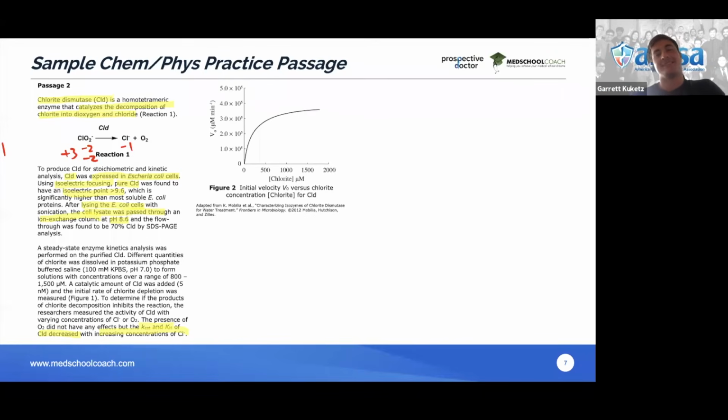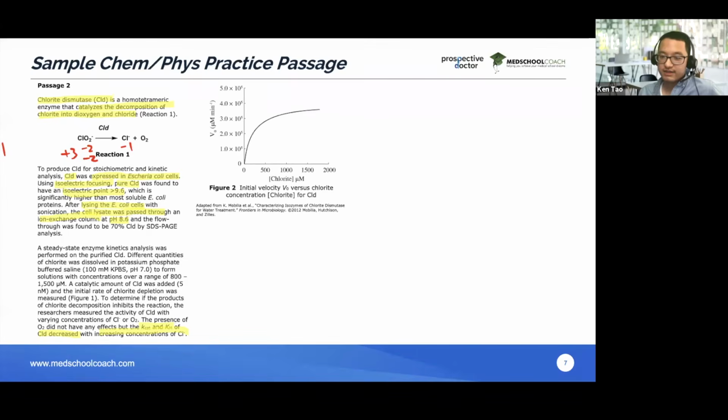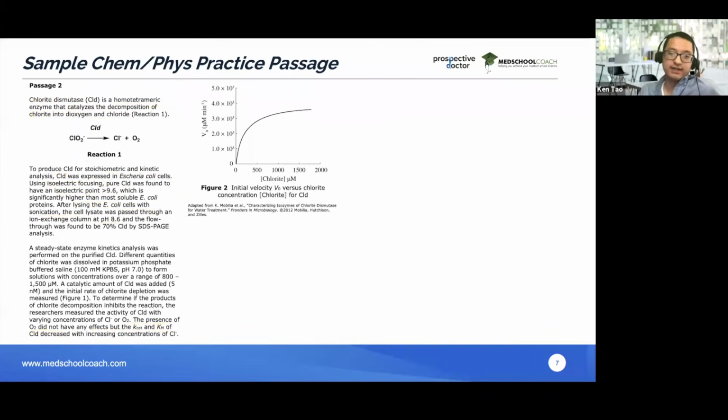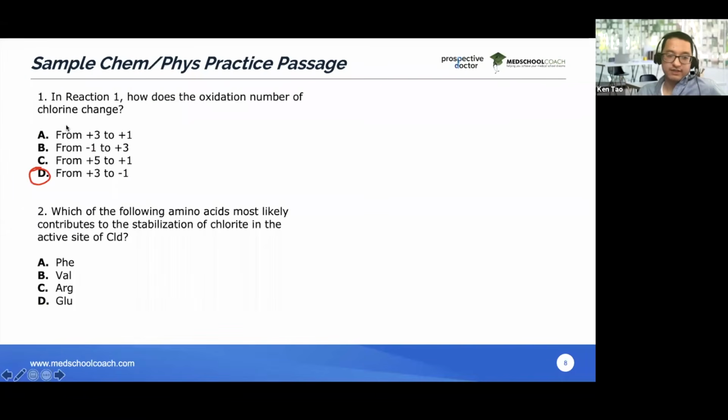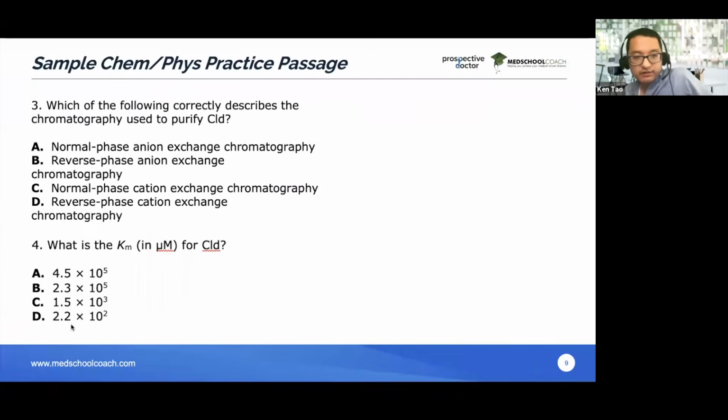And a +1 is what type of amino acid? Acidic, basic, polar, or nonpolar? Basic, that is correct, right? So in this case, you just need to know histidine, arginine, or lysine. And in this case, we have arginine, so that is indeed correct. Phenylalanine and valine are nonpolar, and glutamate is acidic. Very good. Let's go to number 3.